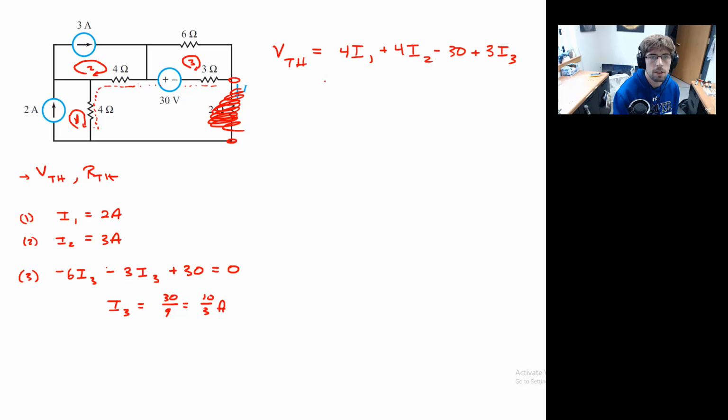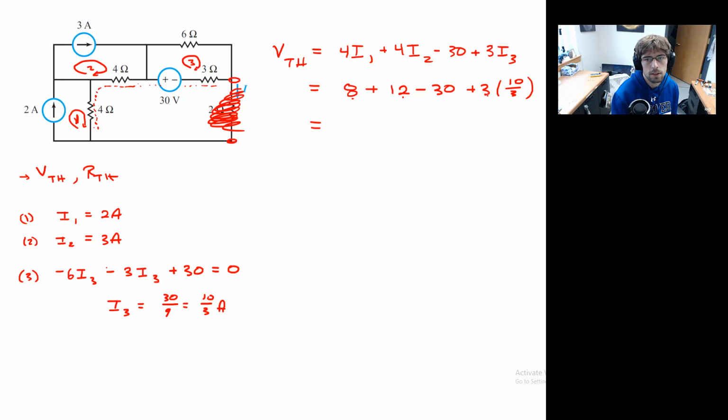So what's that going to be equal to? Well, I1, I2, so this is 8 plus 12 minus 30 plus 3 times 10/3 equals 20.